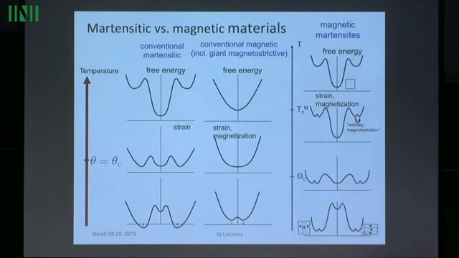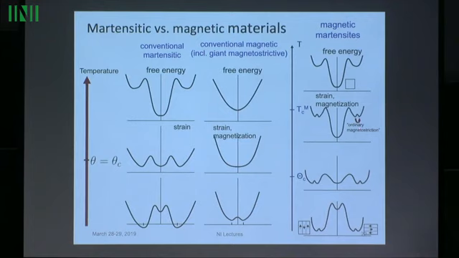So if you now try to combine martensite with ordinary magnetism, it gets a bit complicated. You have the energy wells like this one, but you also have the second order phase transformation associated with magnetism. So this would be a case where we magnetically order there, and going from this well to this well, which are extremely close together, but nevertheless there, we would call that ordinary magnetostriction.